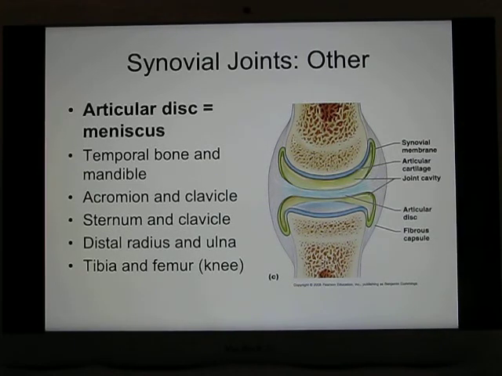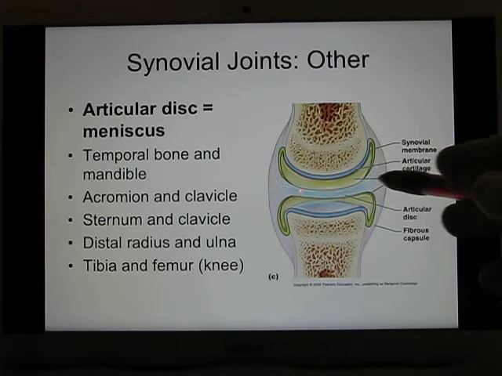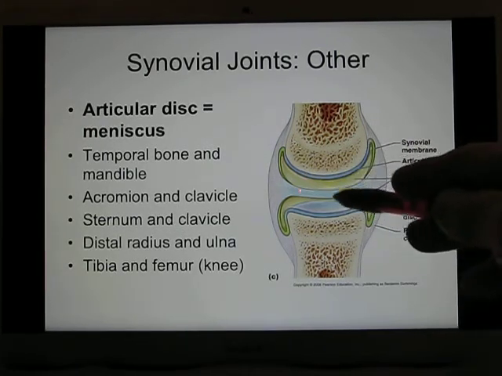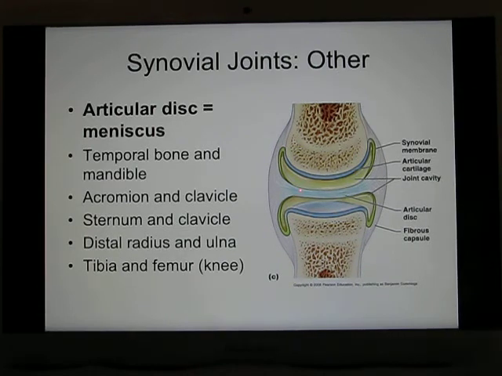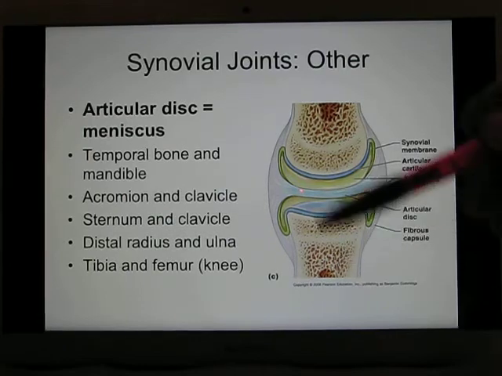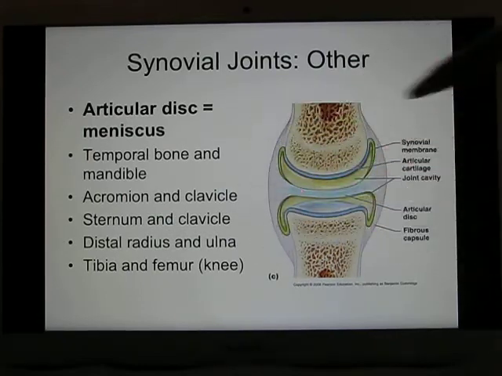This meniscus is like when you teach your kids to do gymnastics, the coach will say, okay, this is the pad, jump on it, to decrease the impact. And that's the function of meniscus. They put a very strong cartilage there to decrease the damage, to take the physical abuse.